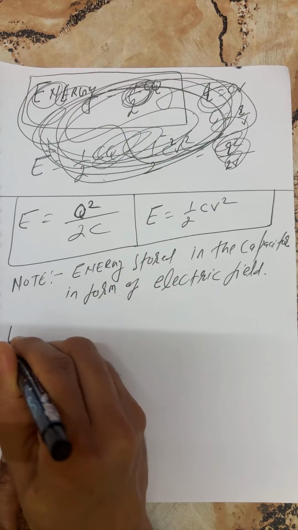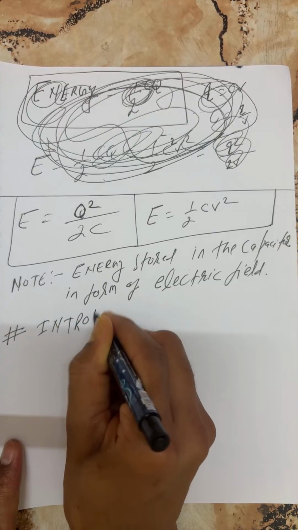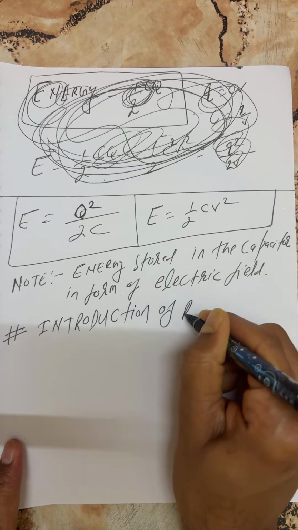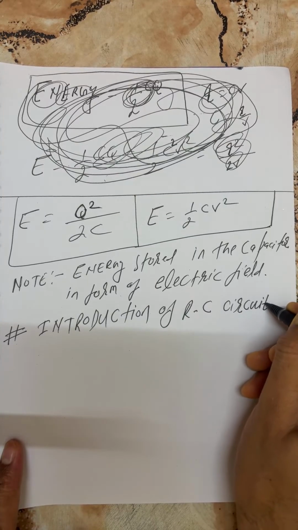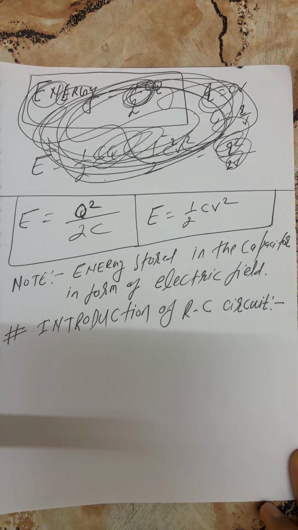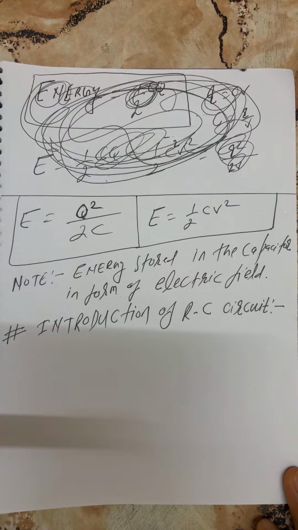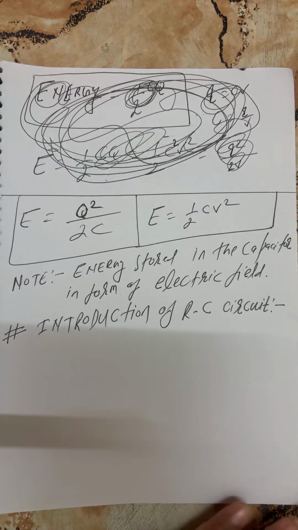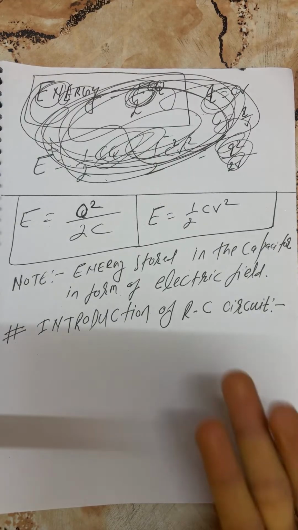So we can put the heading: Introduction of RC circuit. Right. Okay. So this is R and C. But I know in physics there are three circuit elements.